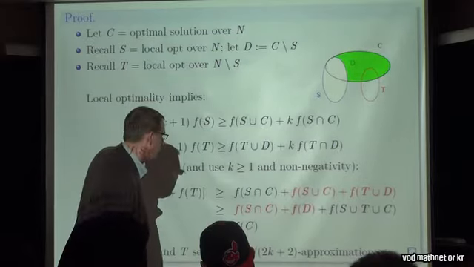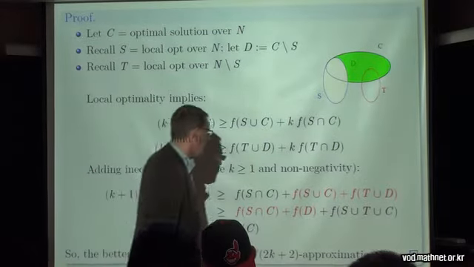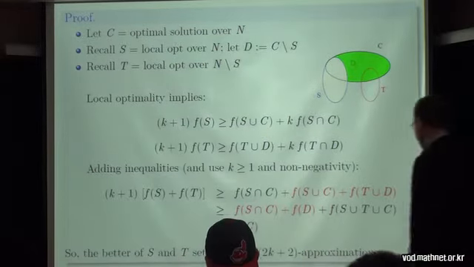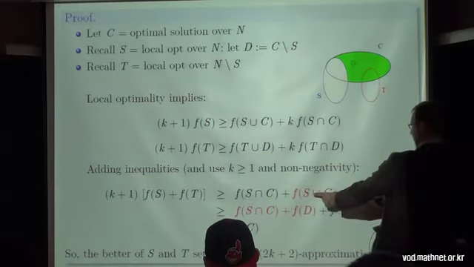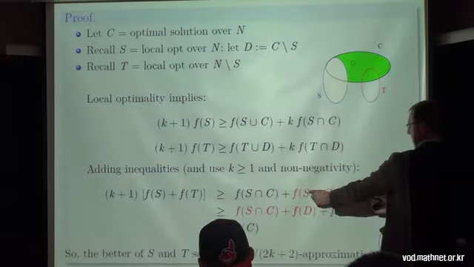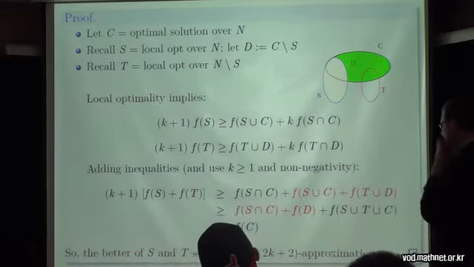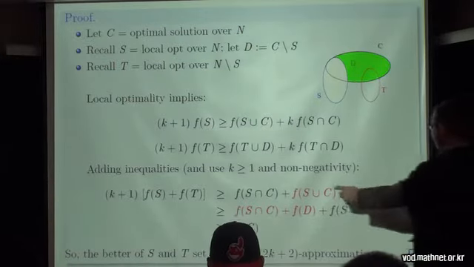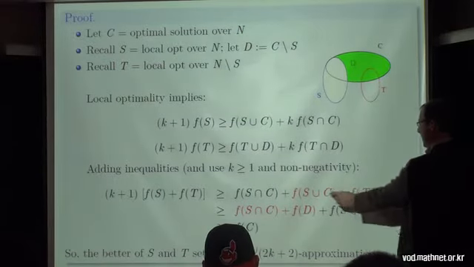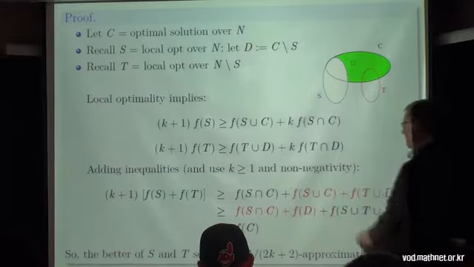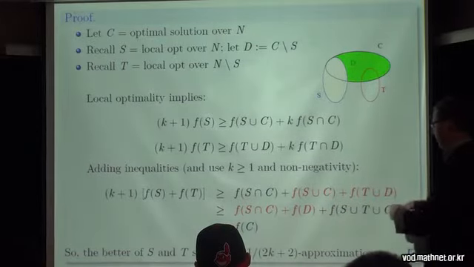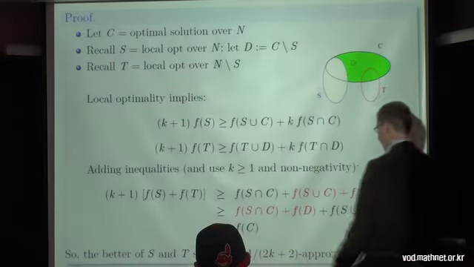Then I look at this and I apply submodularity to these 2 sets, S union C and T union D. When I take the union of them, I actually get that. When I take the intersection, I get that. Then I apply submodularity again to these 2 sets.